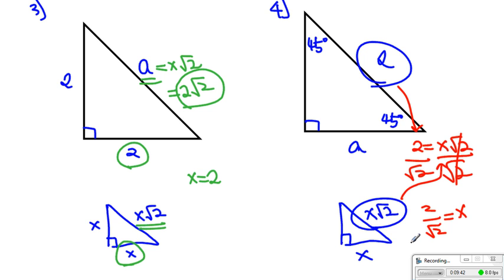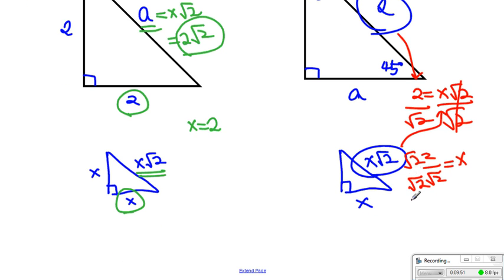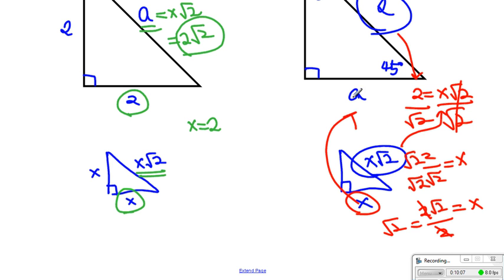When you multiply top and bottom by radical 2, just like the denominator itself, on the numerator we're going to have 2 square root of 2, and the denominator will be simply equal to 2. And 2 and 2 cancel out, becomes square root of 2. That would be equal to x. But in this case, x is in fact equal to A, so therefore A must be equal to square root of 2. There it goes.